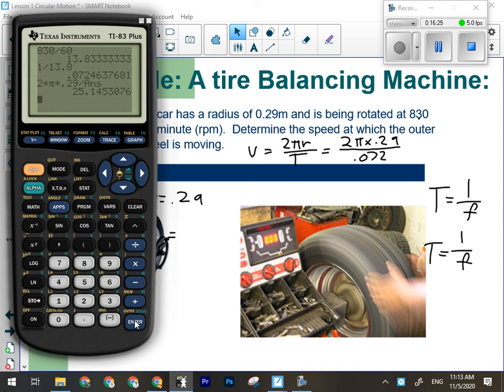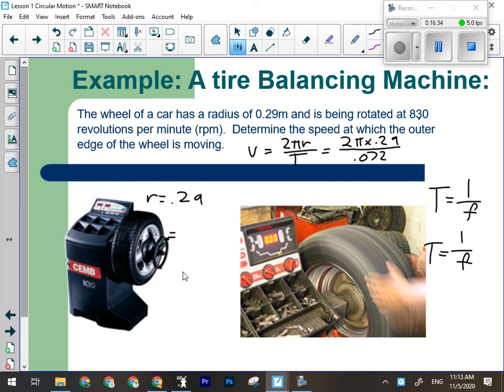Everybody okay with that? Now, I could also have changed this formula if I wanted to. T is 1 over F, which means F is 1 over T. They're the inverse of each other.